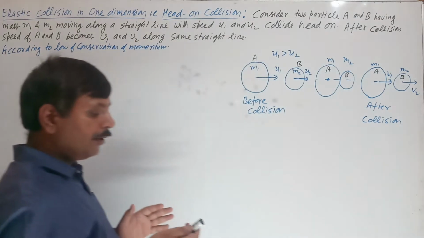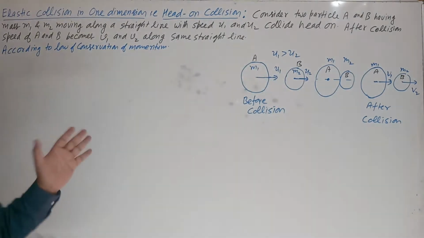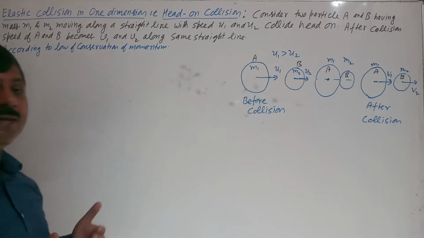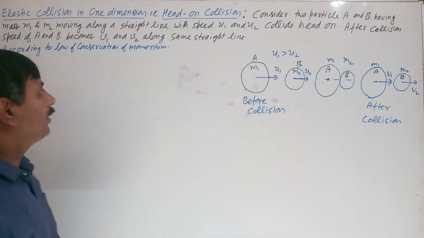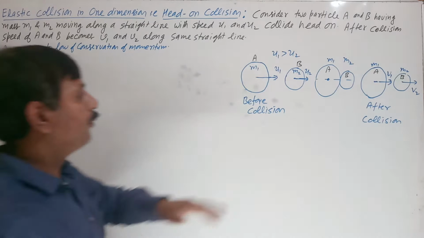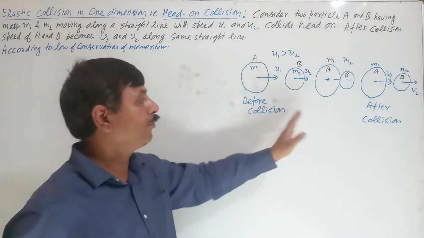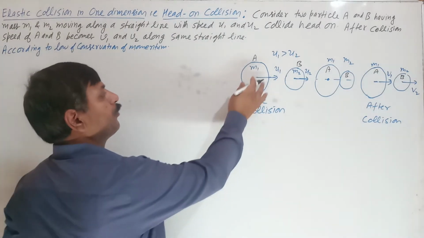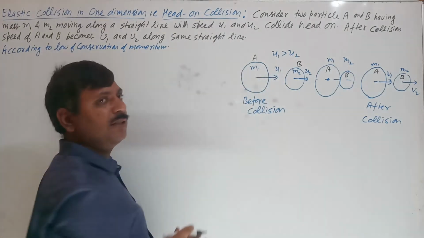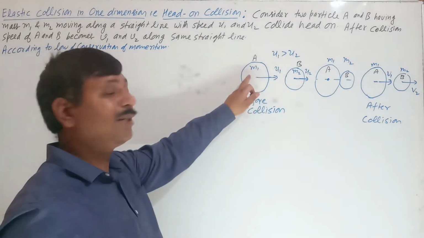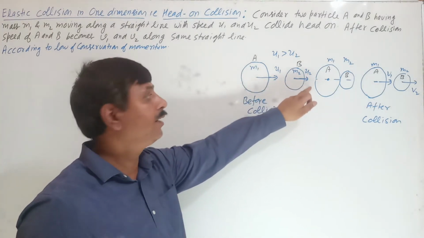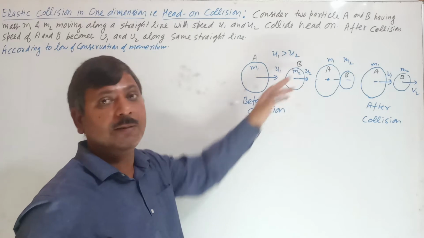So see, what do we know? In elastic collision, first, there is conservation of momentum. By the law of conservation of momentum, momentum before collision is equal to momentum after collision. What will be the momentum before collision? Mass m1, speed u1, so its momentum is m1 u1. The second particle B has momentum m2 u2.